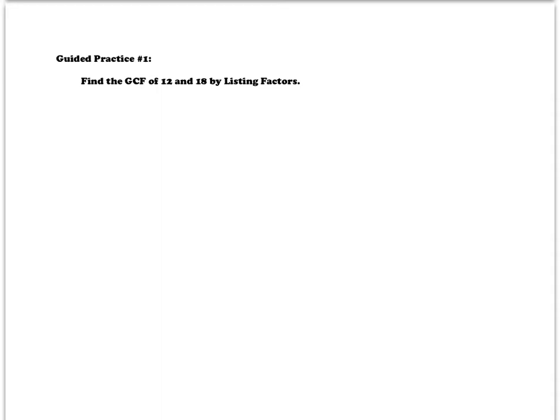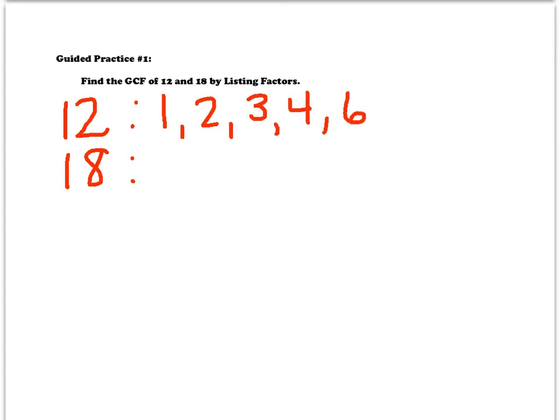Let's look at some examples together. In guided practice number 1, we're going to find the GCF of 12 and 18 by listing factors. Again, I am not going to show you how to list the factors. We learned that in 4.1, so I'll just show you what the factors of 12 and 18 are. The factors of 12 are 1, 2, 3, 4, 6, and 12.